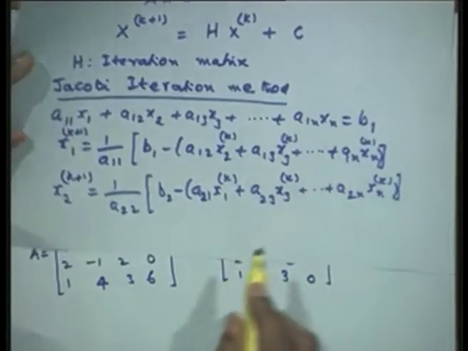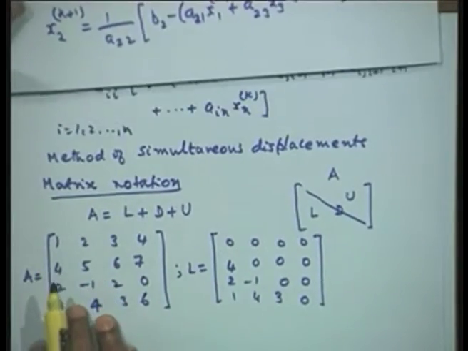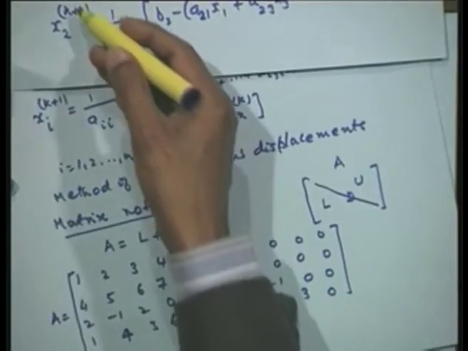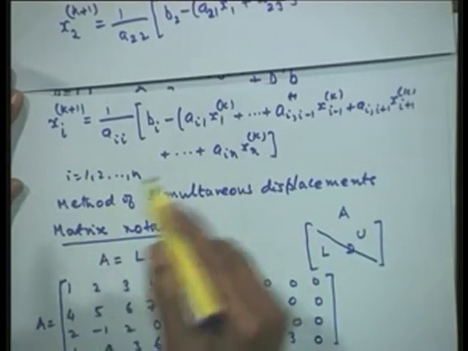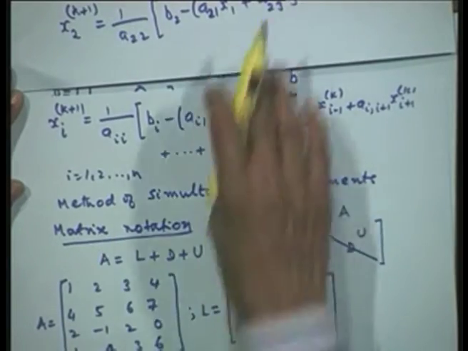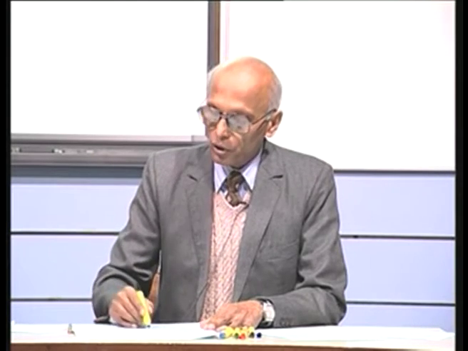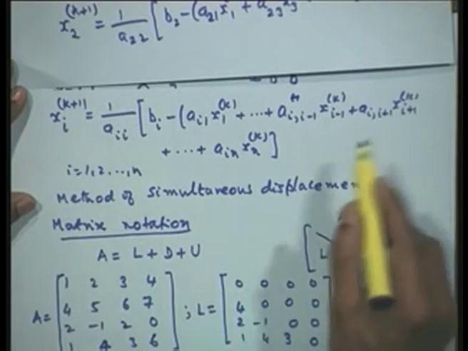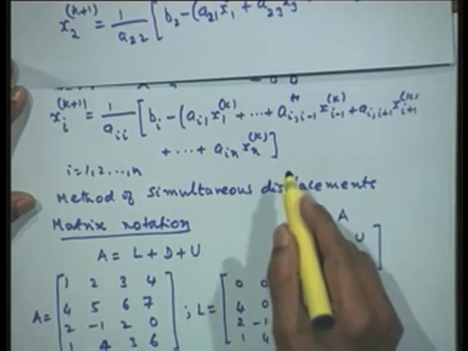And when I come to the last equation x n, I have already computed x 1, x 2, up to x n minus 1, but none of this information is being used in computing the present iterate. We are still using all the previous iterates, and hence the convergence will be slow.